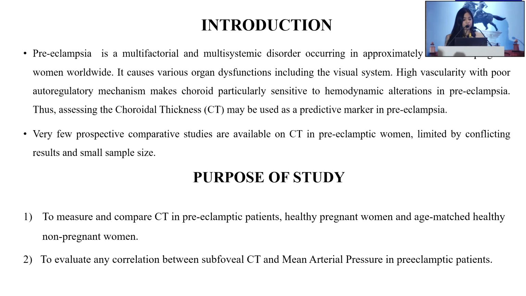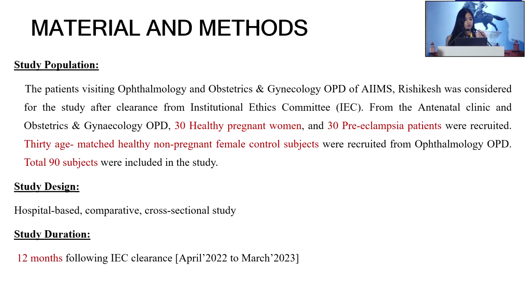Very few prospective comparative studies are available on the choroidal thickness, and they are limited by conflicting results and small sample size. So the purpose of my study was to measure and compare choroidal thickness in preeclamptic, healthy pregnant, and age-matched healthy non-pregnant women, and to evaluate any correlation between the subfoveal thickness and the mean arterial pressure. So we took 30 healthy pregnant women, 30 preeclampsia women, and 30 age-matched healthy non-pregnant females as controls, so a total of 90 subjects.